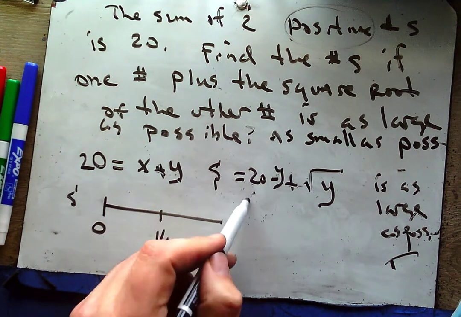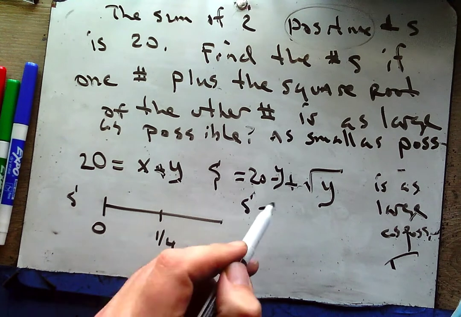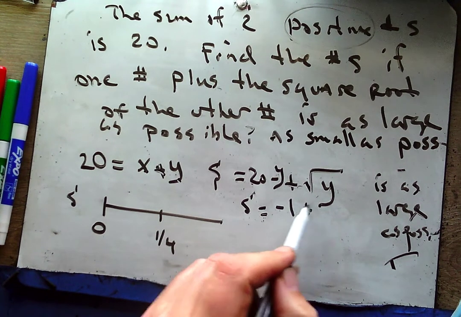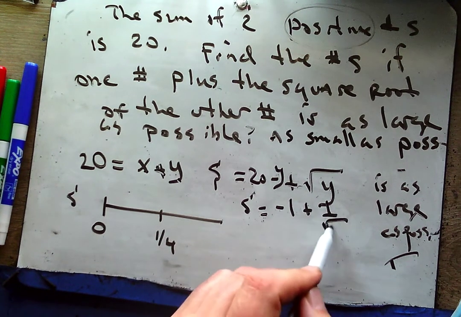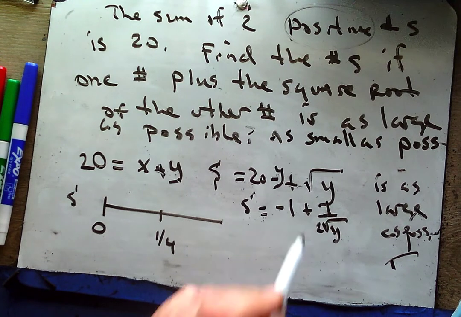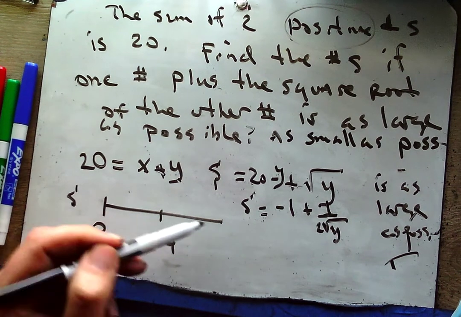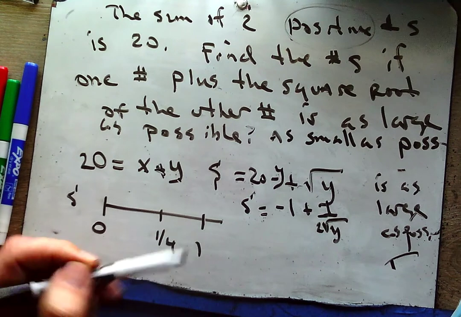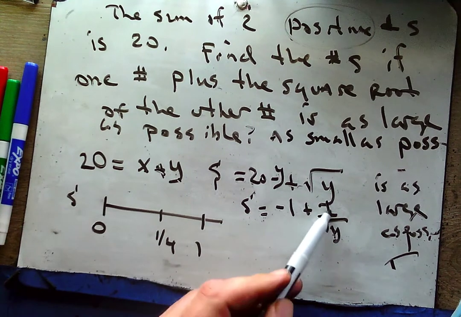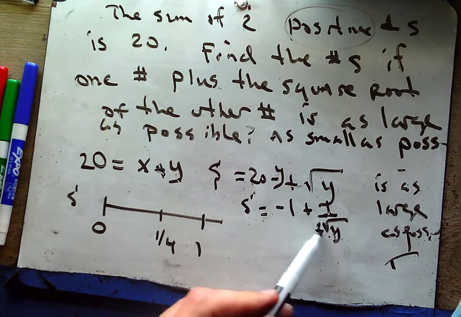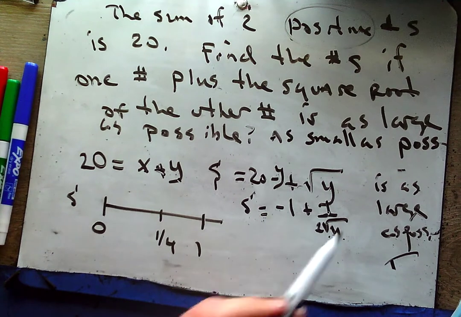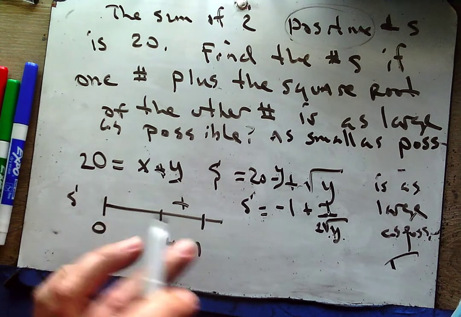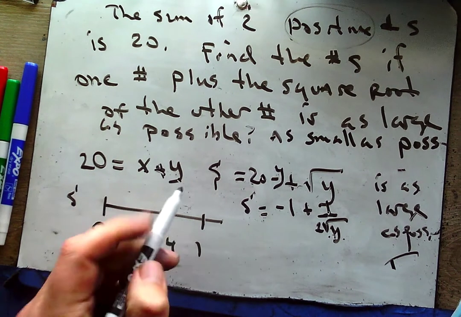And what did we have for s prime? We'll have to plug these values in. We have negative 1 plus 1 over 2 root y. So if I plug in something over here like 1, square root of 1 is 1, 1/2 over, again, that's just going to be 1/2 minus 1 plus 1/2. I get a positive at 1.